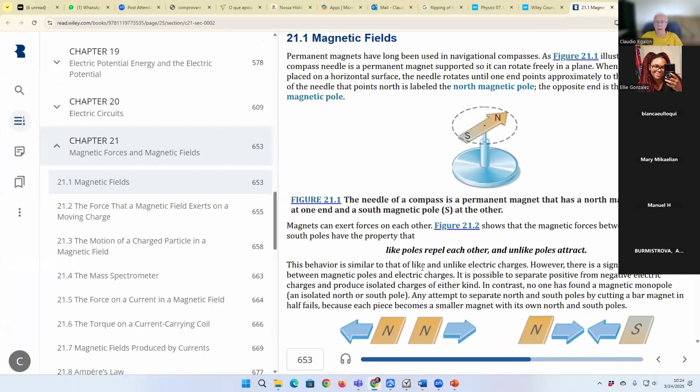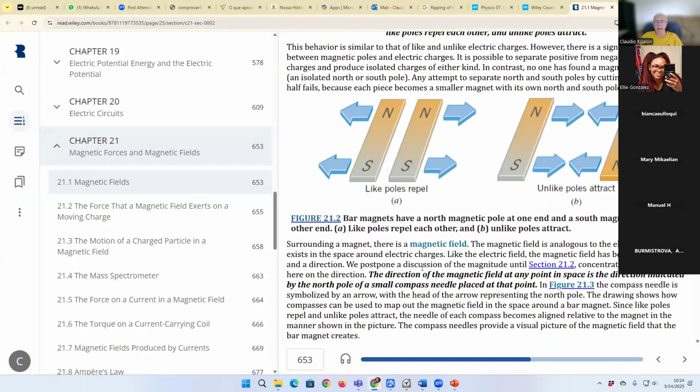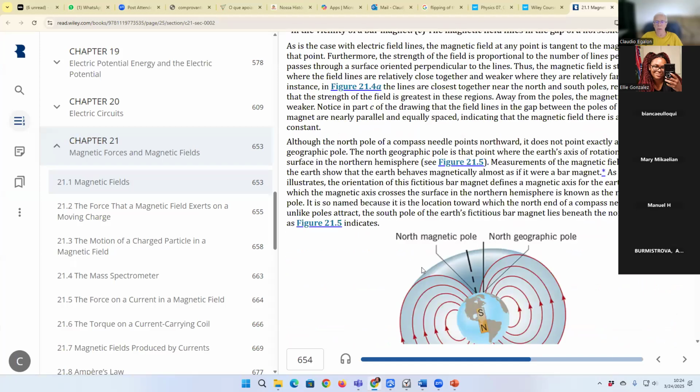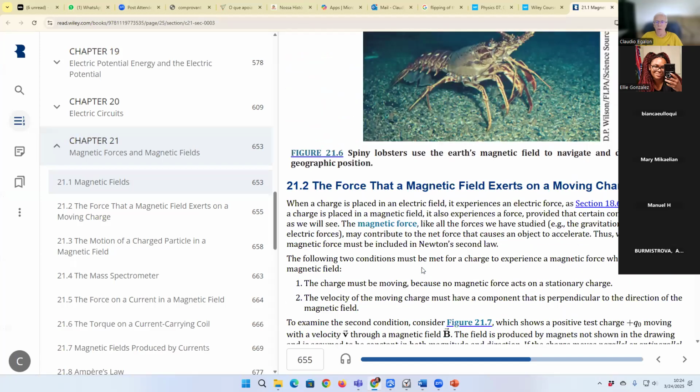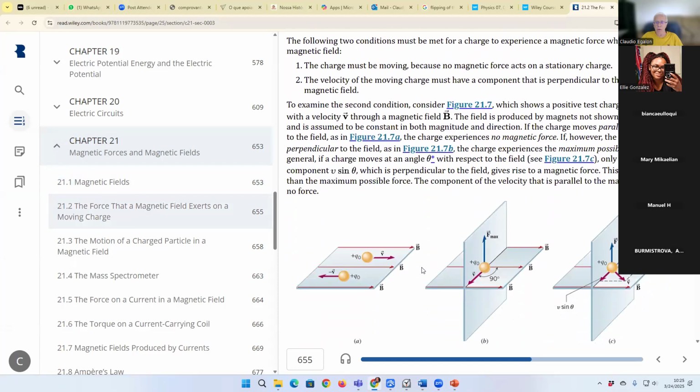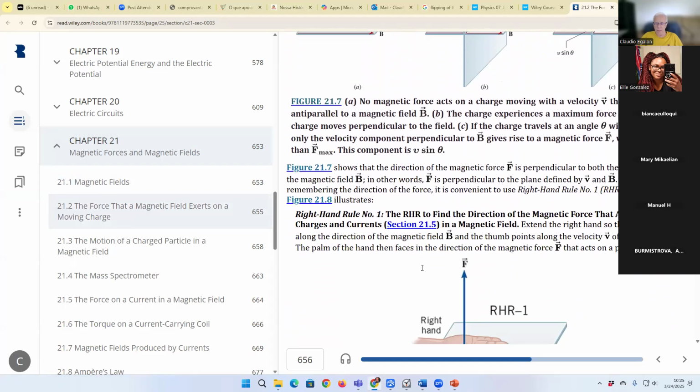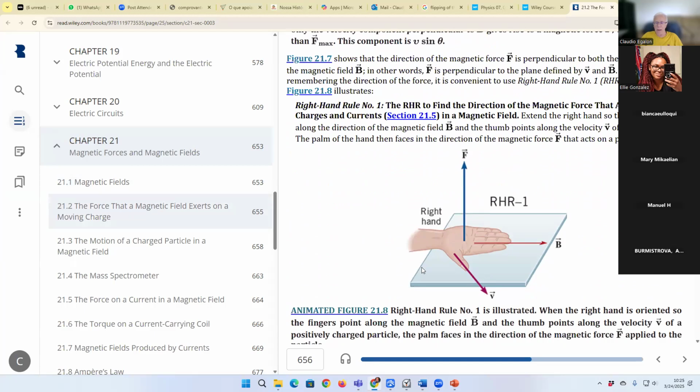Let's take a look at magnetic fields, moving charge, right? So here you go. Here's another way that your book uses the right hand rule. This way is nice because it doesn't require any motion of your hand, okay?